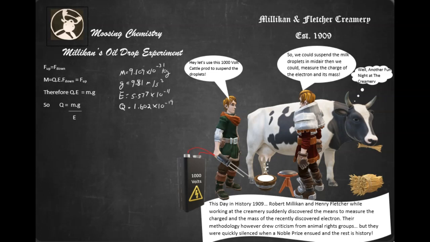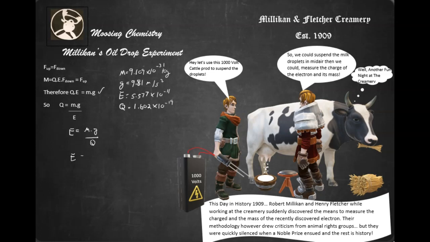All right, so now we just want to find E. Again, we're going to use this equation right here, okay? This time, we're going to say E, our electrical field, is going to equal M times G divided by Q, right?